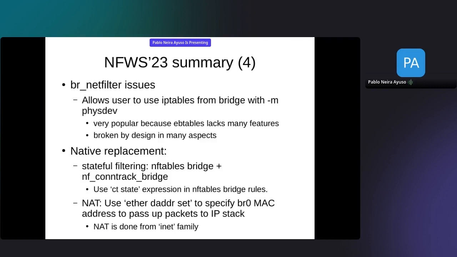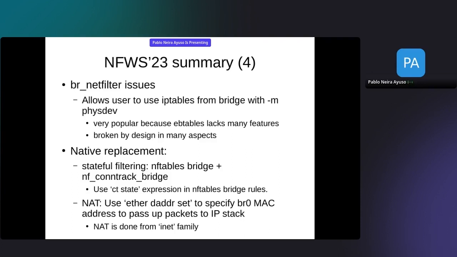And then for NAT, you can set the Ethernet destination address to the br0, let's say the bridge interface MAC, to pass packets up to the IP stack, and then use the inet family to specify your NAT rules.